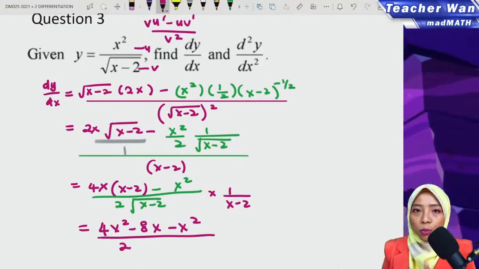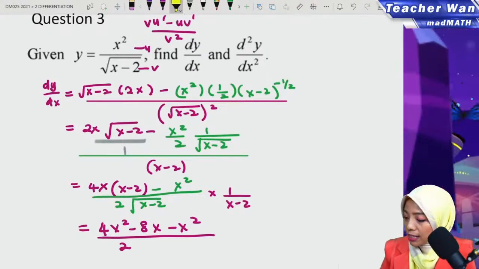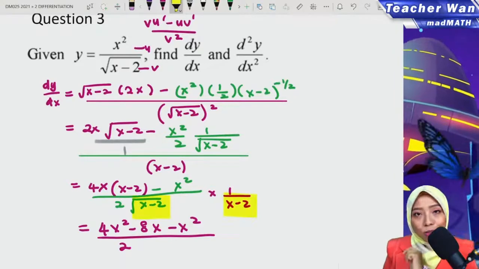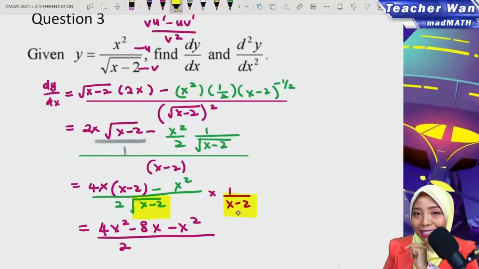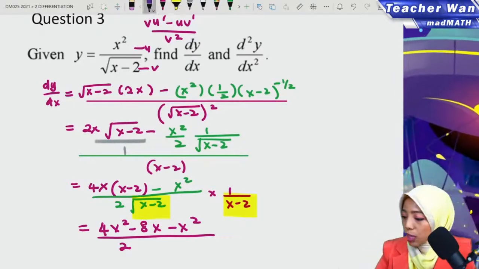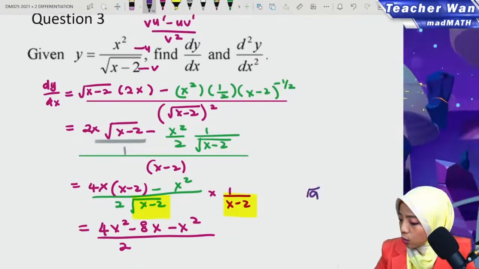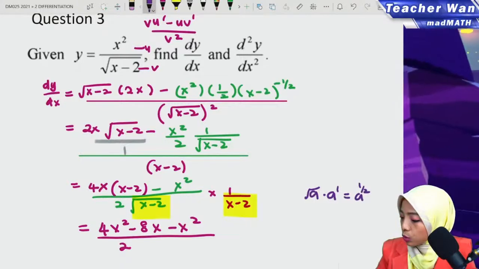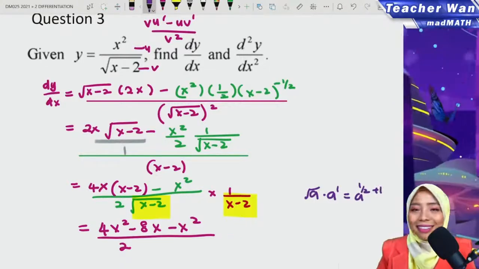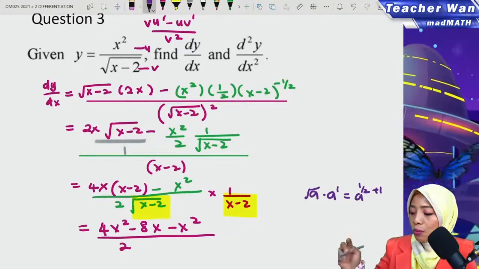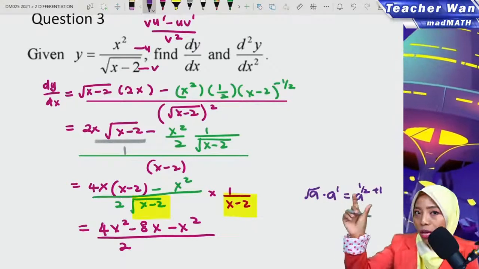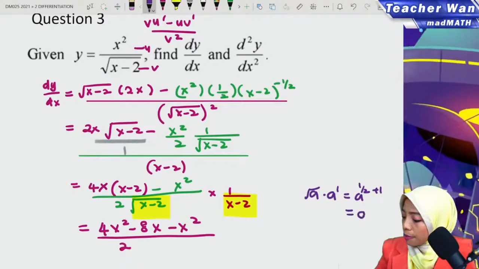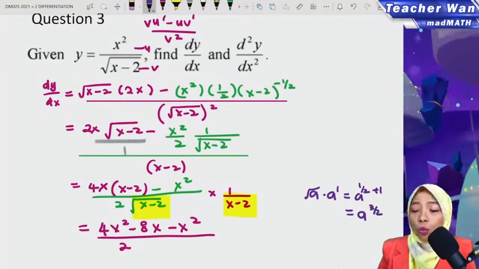Let's look carefully. The function now is x minus 2 and x minus 2, but this one is to the power of 1 over 2 and this one to the power of 1. So what are you going to do here? If you have this with this, this is basically 1 over 2 plus 1, right? Because of the index law, for multiplication you add the power. So it becomes 3 over 2.